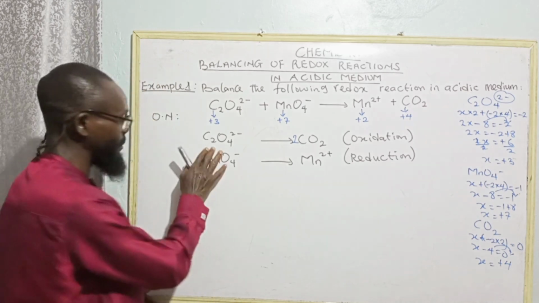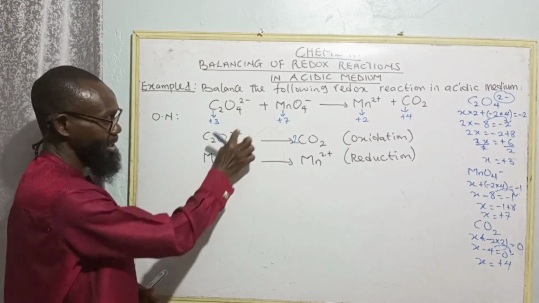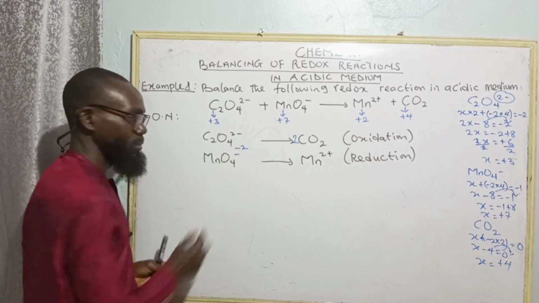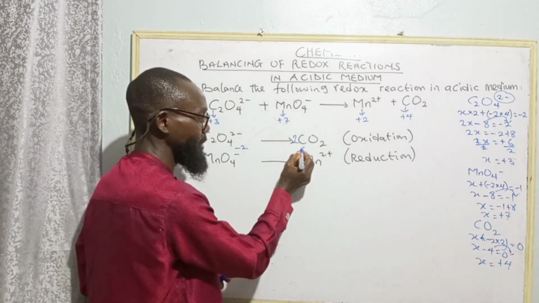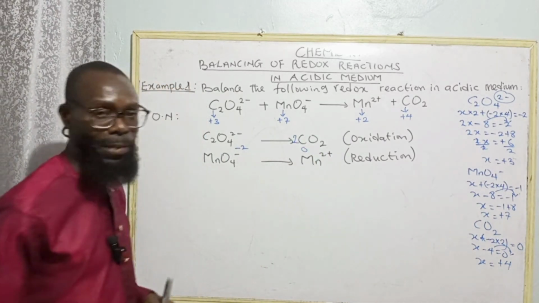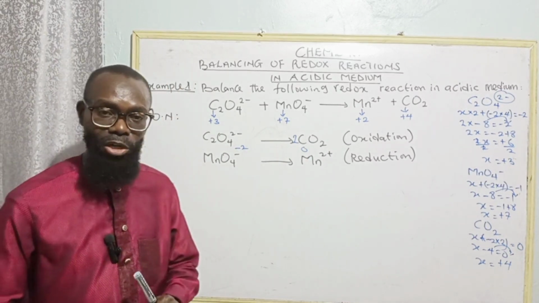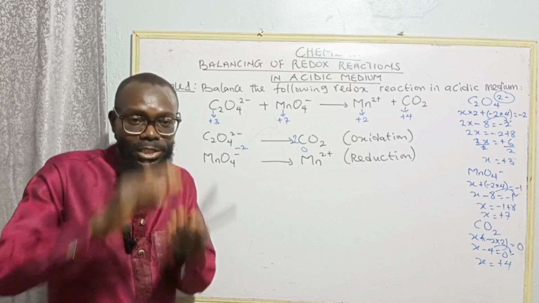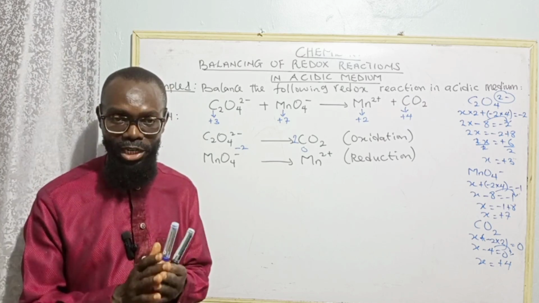Now, we check this place. In C2O4 2 minus, what is the charge in this compound? The charge it is carrying here is -2. The charge in this CO2, there's no charge on top here. We call it 0. Now, to balance the charge, you add electrons to the side that has higher positive charge.